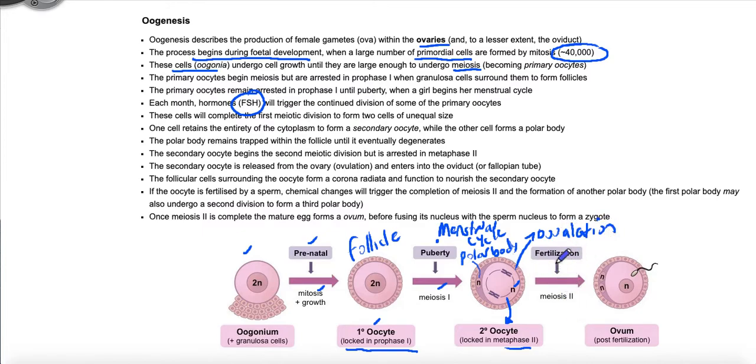Meiosis 2 continues when and if this secondary oocyte gets fertilized by a sperm.